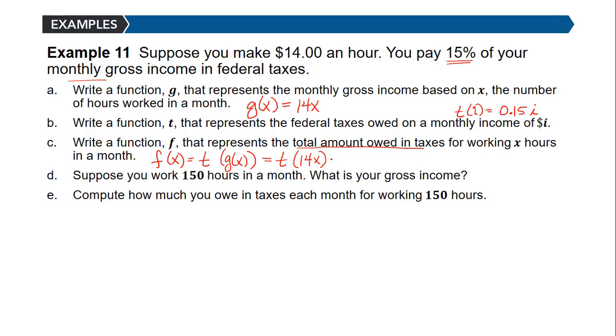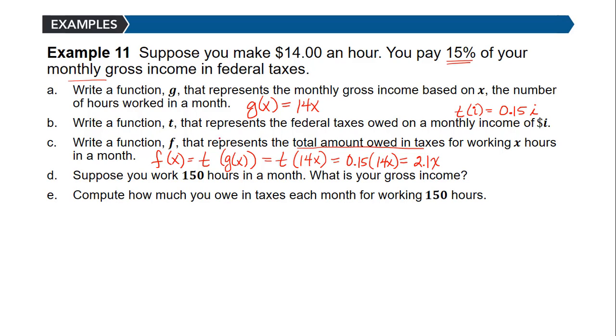And then if you want to plug 14x now into the function T, right, this would be 0.15. Our income, in this case, is 14x. And this becomes 2.1x.